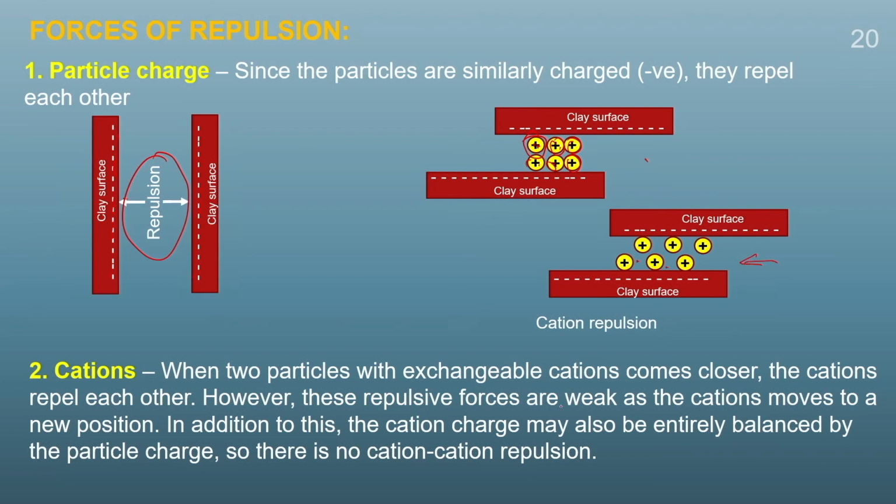However, these repulsive forces are very weak in nature, as the cations move to a new position because of this repulsion, and this cation charge may also be entirely balanced by the particle charge. So, in that scenario there will be no cation to cation repulsion. Generally the contribution from this repulsion will be very minimal in comparison to the particle charge repulsion.